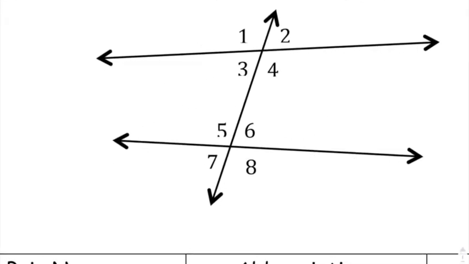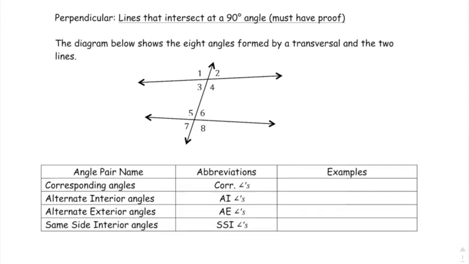So all of your inside angles, you could say those are like 3, 4, 5, and 6. Those are all the inside angles. And you want on the same side. So 3 and 5 together, those would be inside angles on the same side of your transversal here. Or you could also go with 4 and 6. Those are same side interior angles.